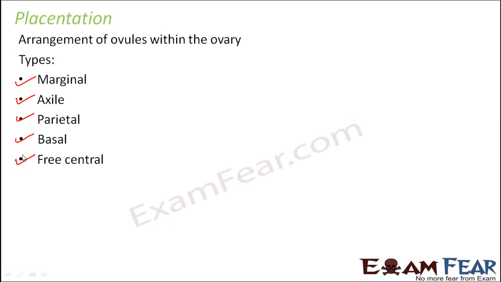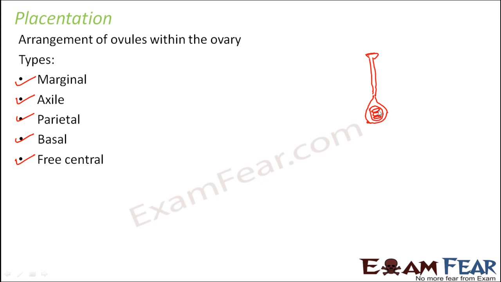So just for a quick recap, let me once again tell you what I mean when I say placenta, because when I start explaining about the different types of placentation, if you are not very clear with what is placenta, you will not be able to understand it. So let us suppose this is my ovary, right? Now inside this ovary, ovules are present.